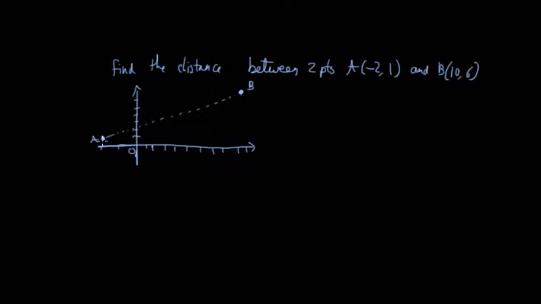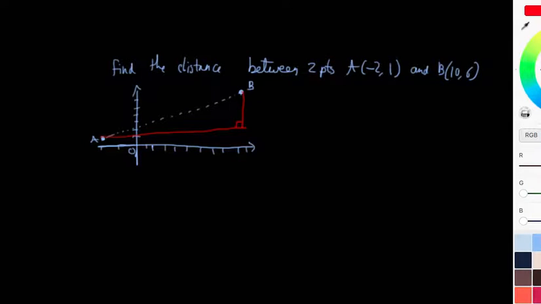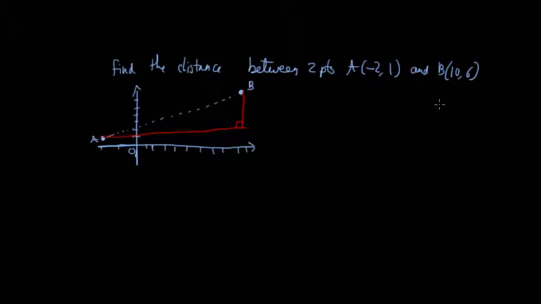Let's think about it. We can turn this into a right angle triangle. Say we draw a line right down here and then right here. We now have a right angle triangle, so we can calculate this distance using Pythagoras. The way we need to do it is by considering the difference in the x coordinates.